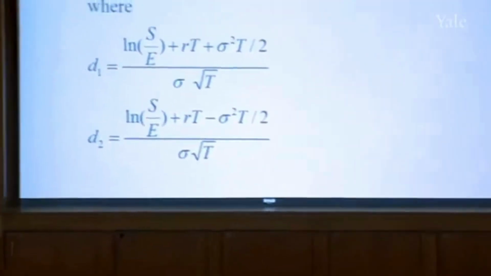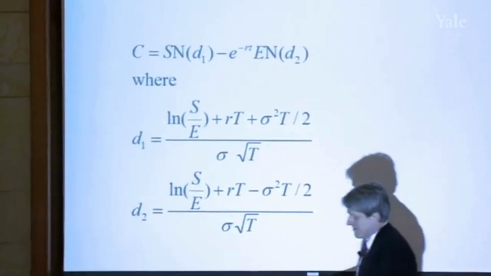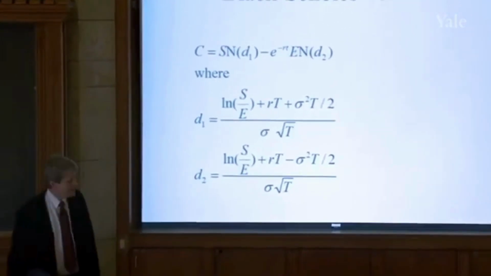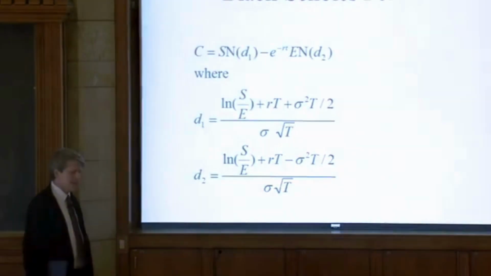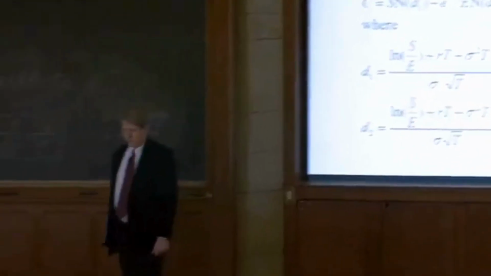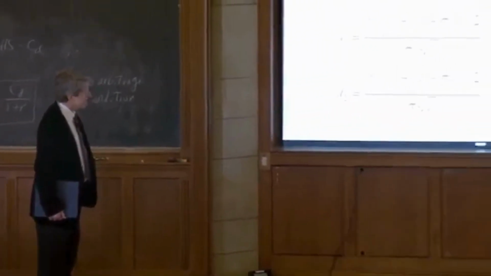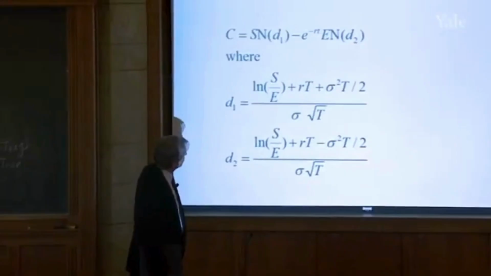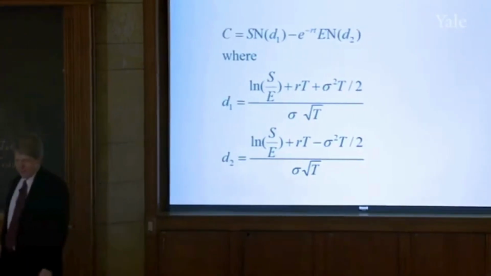And there it is. This was derived in the early 70s by Fisher Black, who was at MIT at the time, I think, but later went to Goldman Sachs, and Myron Scholes, who is now in San Francisco doing very well.